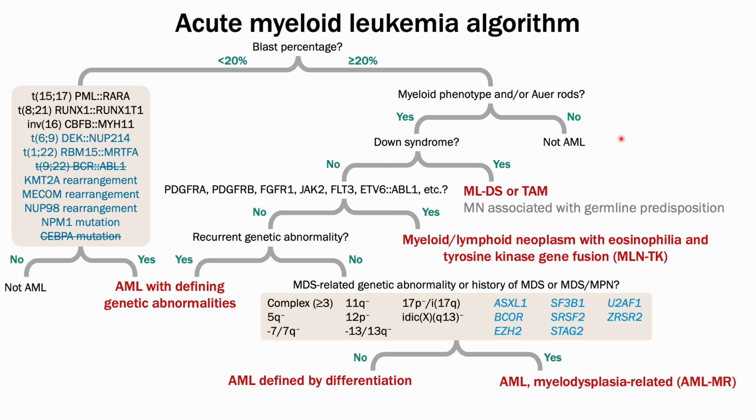Finally, we need to look for a history of a myelodysplastic neoplasm or myelodysplastic myeloproliferative neoplasm, or one of these MDS-related genetic abnormalities, including a complex karyotype, which means more than 3 abnormalities in the karyotype, and 17p deletion and isochromosome 17q.